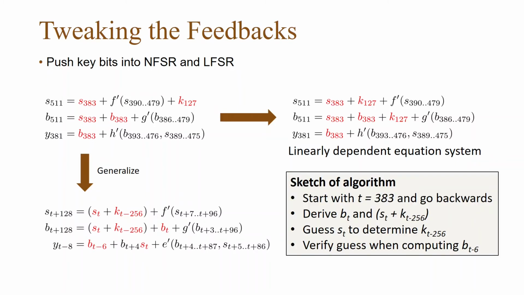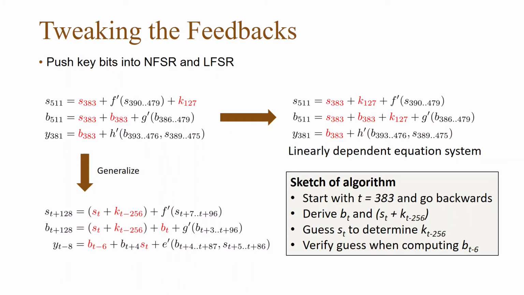The algorithm to solve these systems of equations will start at t equals 383 and then we go backwards. So what we do is that we look at the first two equations, and we can derive the value of bt and also the sum of st plus kt minus 256. After that we guess the value of st in order to determine kt minus 256.